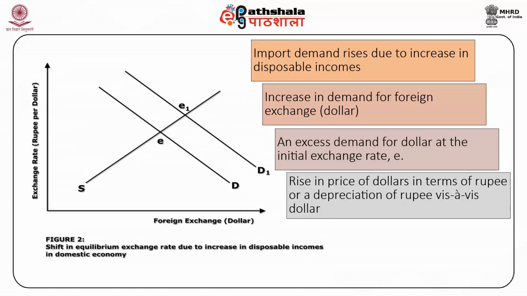This leads to a rise in the price of dollars in terms of rupees, or a depreciation of the rupee vis-a-vis the dollar. The foreign exchange market clears as the new equilibrium exchange rate E1 is reached, where once again demand is equal to supply.